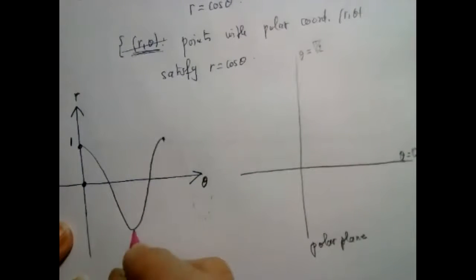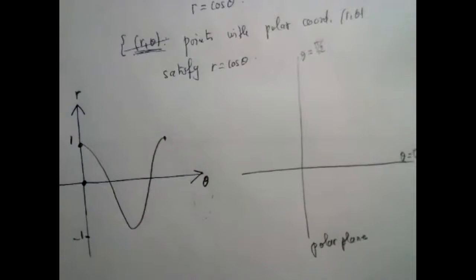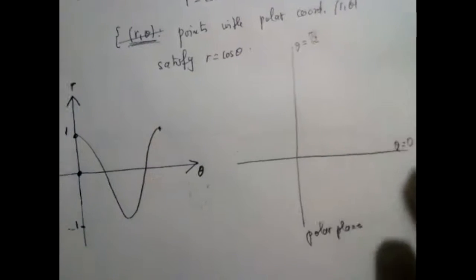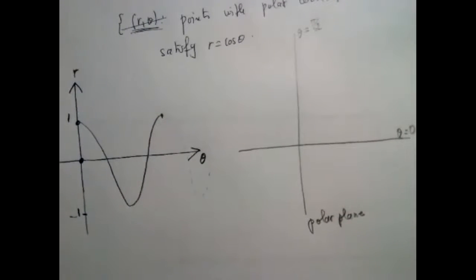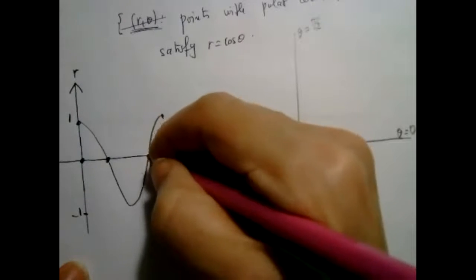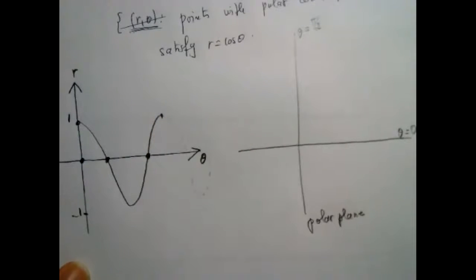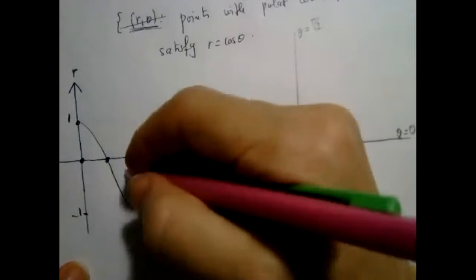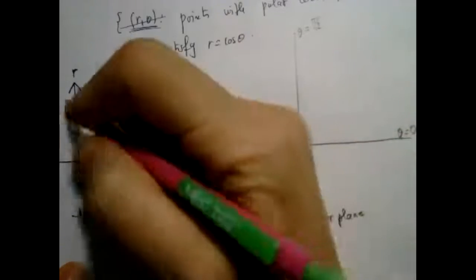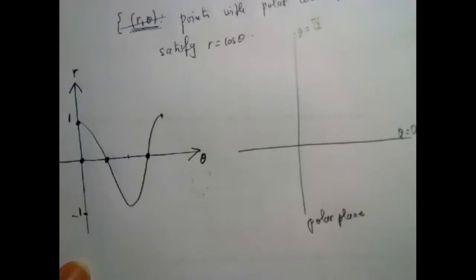Those are values important for us. The values that usually play a role when you sketch the graph of r as a function of theta are usually the values where r equals 0. They play an important role. And when we have min values or max values, those are always important.